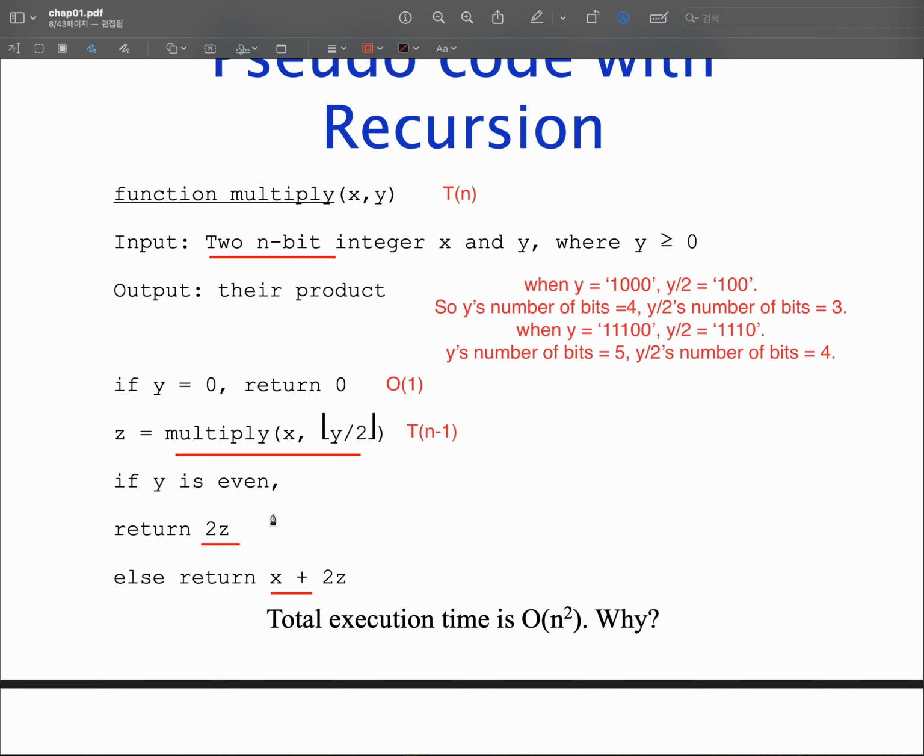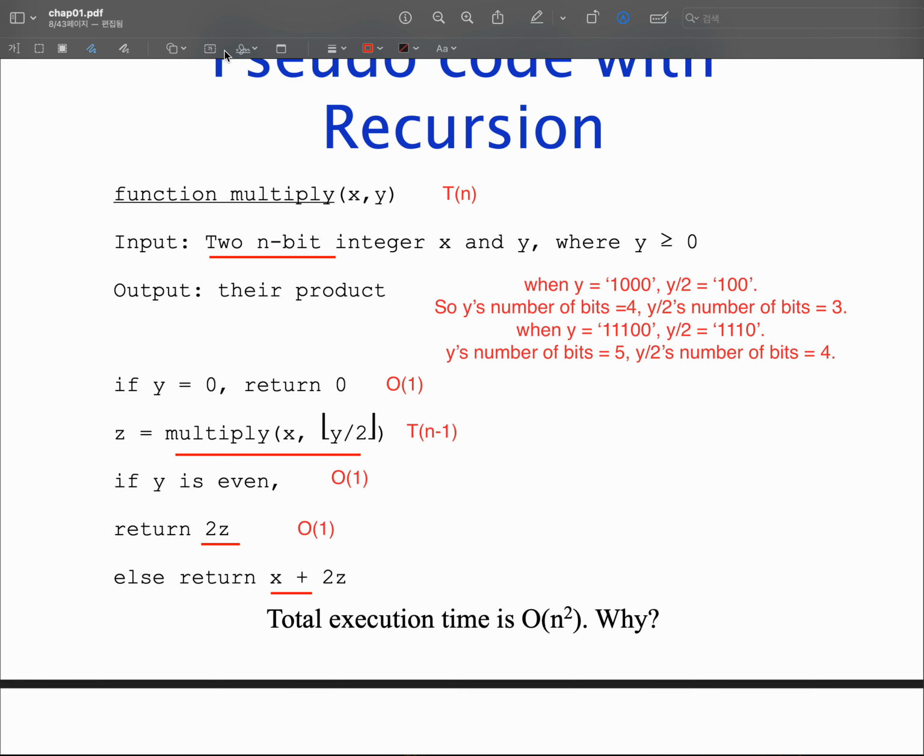And then how about this one? Okay, here the y is even, okay? How about this one? And this is big O of 1, okay? And how about this one? 2 times y, okay? So this one, okay, this is big O of 1, okay?